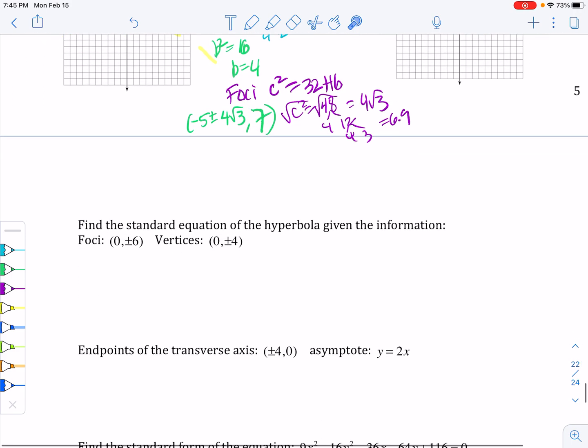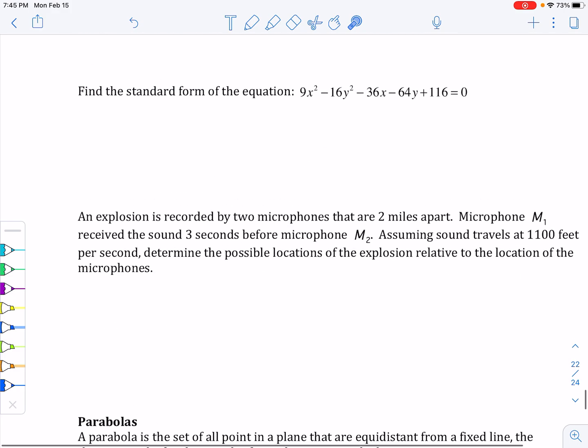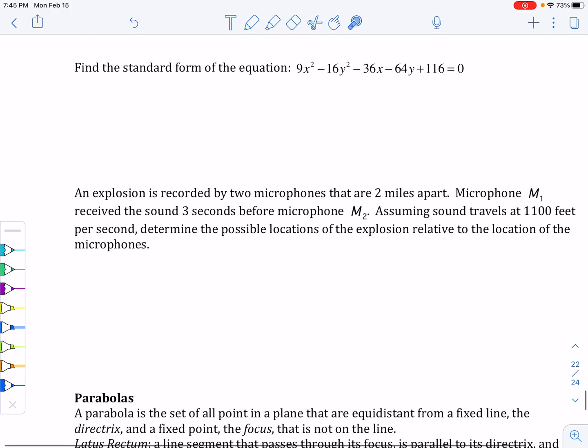Okay. Now, we can also do where we have it in our general form, and we want to get it to our standard form. So we have to complete the square on the 2 different parts. So we're going to group your x's, group your y's, just like we did with the ellipses.